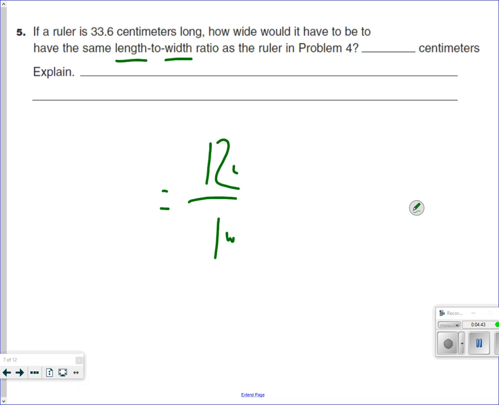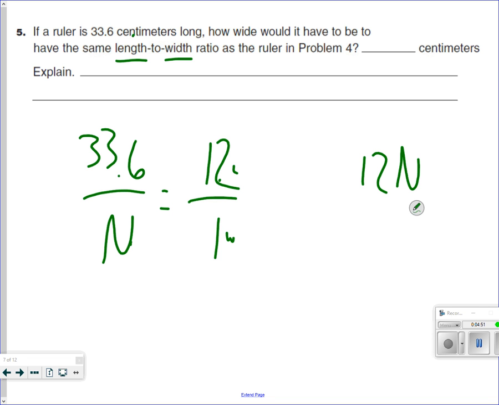This is length, so we have 33.6 on top because it's our length. We're trying to find n. N times 12 is 12n. 1 times 33.6 is 33.6. Divide by 12, divide by 12. 33.6 divided by 12 equals 2.8 centimeters.